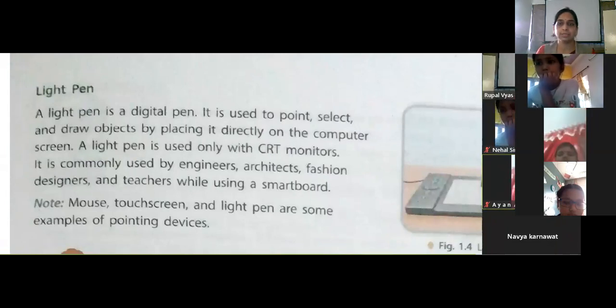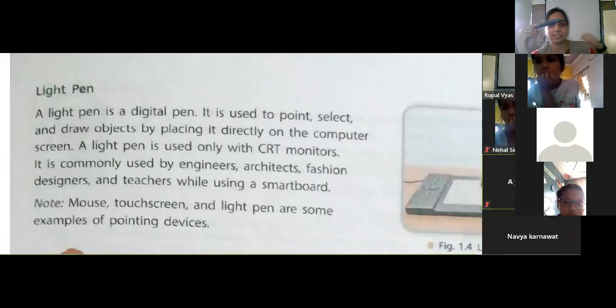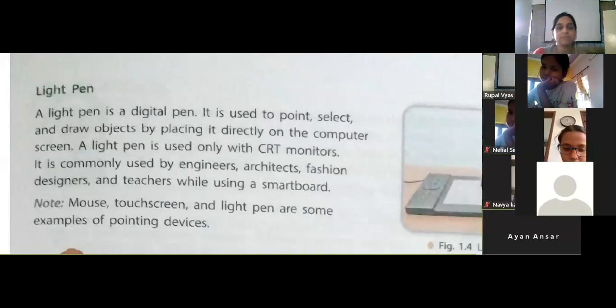You have seen this kind of pen in the pocket of your teacher. By using this pen, they can write on the CRT monitor, the board. On it we can draw a picture, we can make a table. Whatever we want to draw on the board, we can draw by using this pen. So this is the light pen.